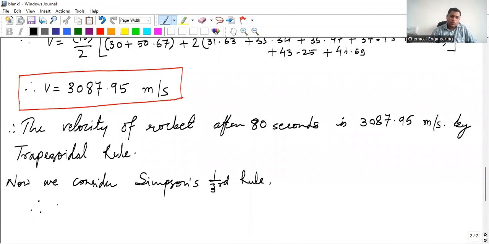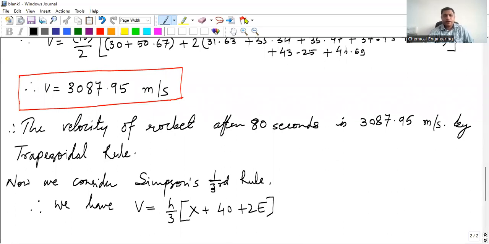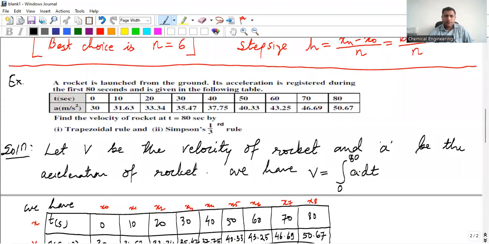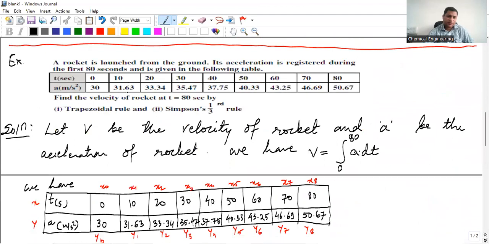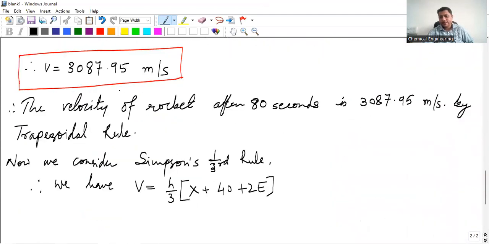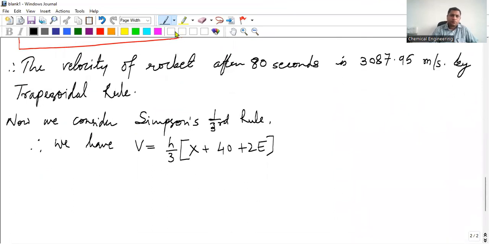So V is equal to h by 3 times x plus 4o plus 2e. What do x, o, and e say?